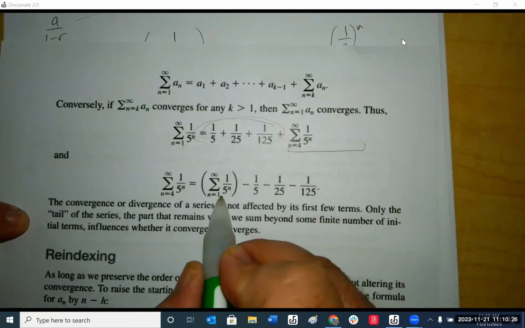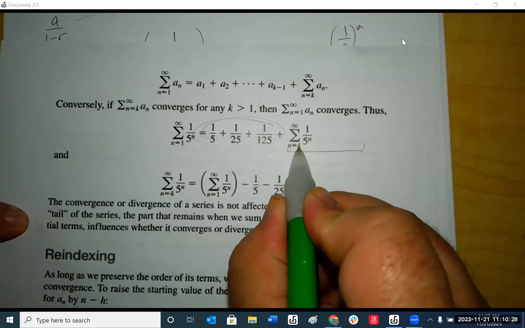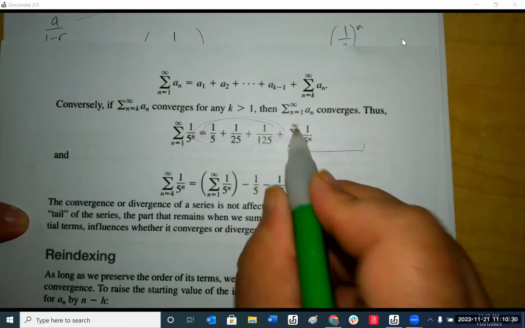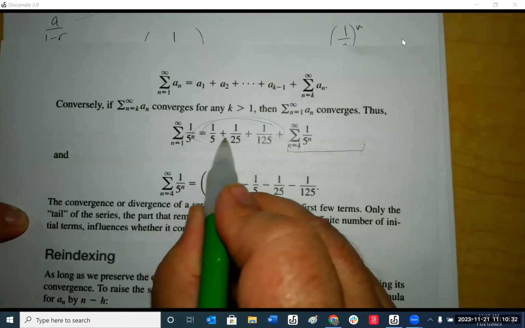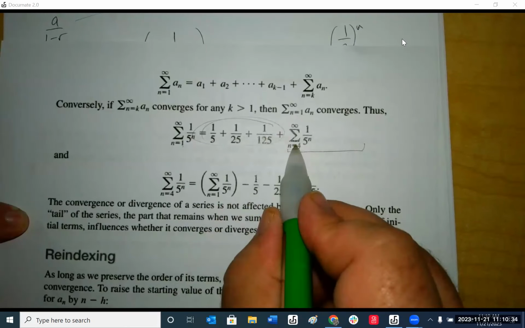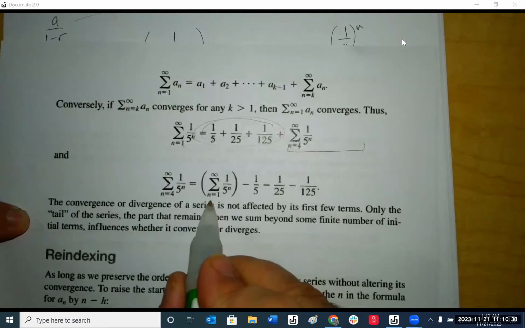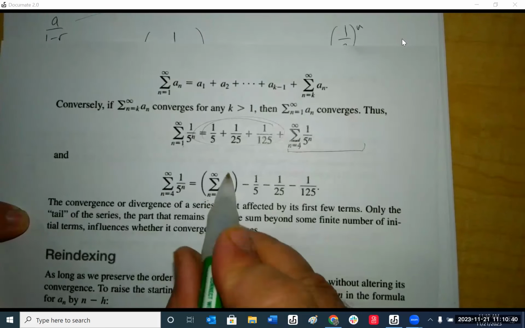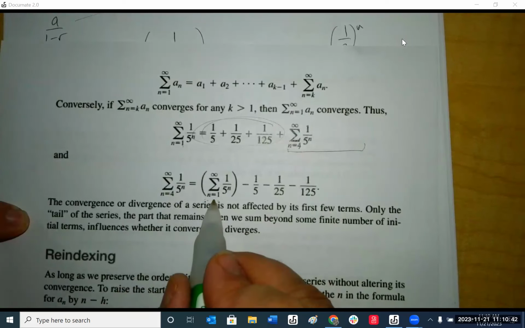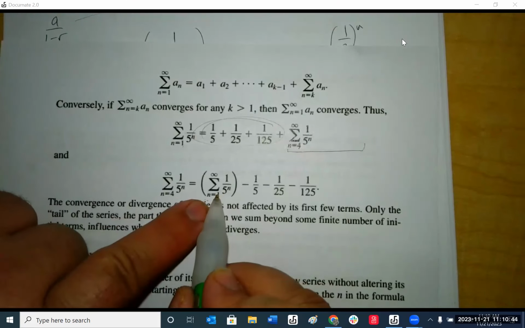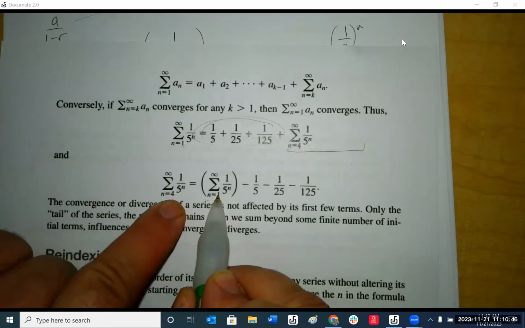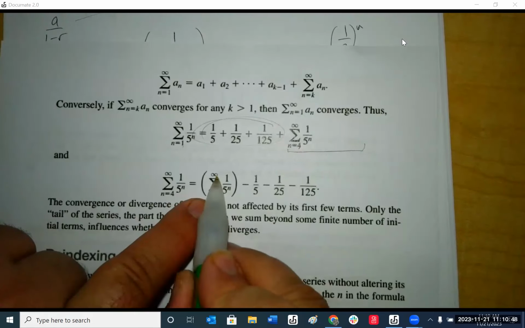So now we have this one. We start off at 4 and go to infinity. This is n equals 1, n equals 2, n equals 3. This equals n equals 4 to infinity. So we can rewrite that the same way, as we know that this is from 1 to infinity.